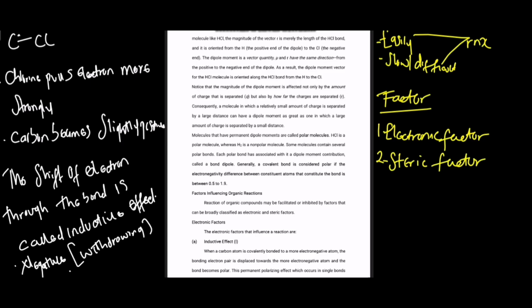And we have the positive inductive effect, which is the electron donating group. Let me name it the donating group. Let me clean the board so I write it properly. We have two types of inductive effect: the negative inductive effect, which is the withdrawing group, and the positive inductive effect, which is the donating group.